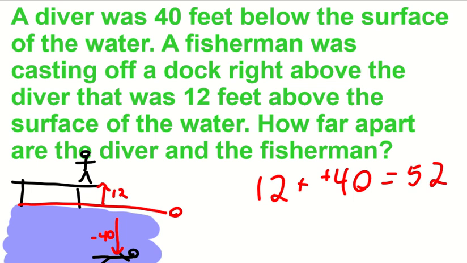If you put it in the other order and had negative 40 minus 12, when you do your same change there, it's going to give you negative 52. You just need to be aware if it's asking how far apart, that's distance, and distance is always going to be positive, okay? So if you do mix up the order, you'll get the right digits just with the wrong sign. Any questions on that?